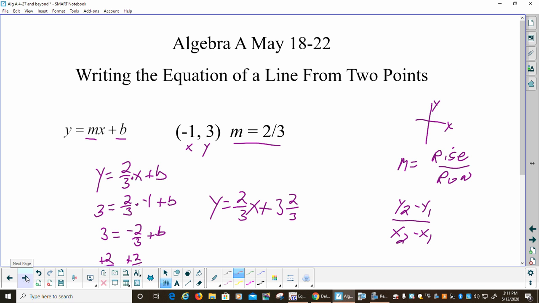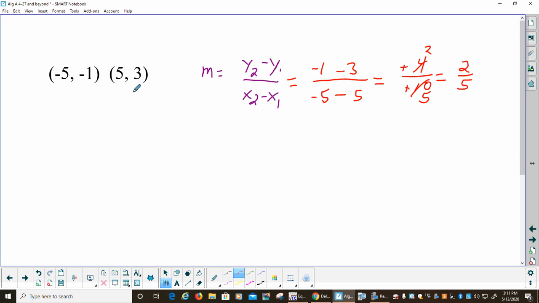Well, on this, we have a slope and we have 2 points. Well, which one do I use? Well, let me show you. We know that we want to use this. We know the slope is 2/5. Y is equal to 2/5 x plus b.